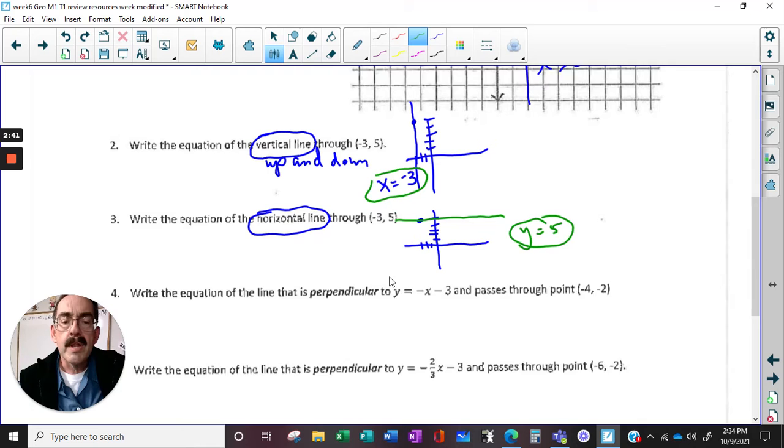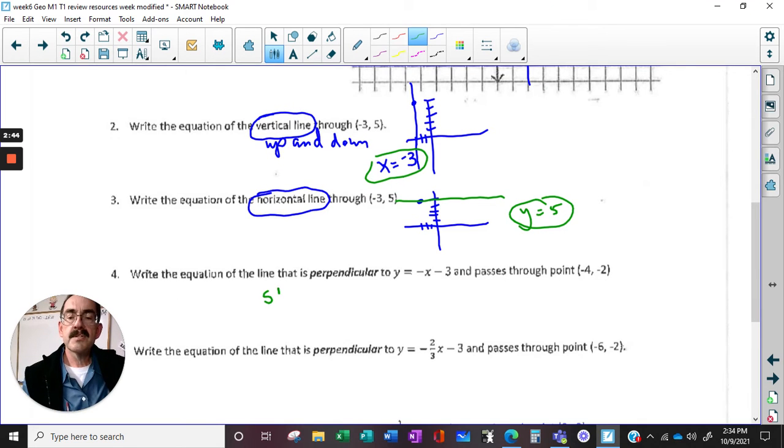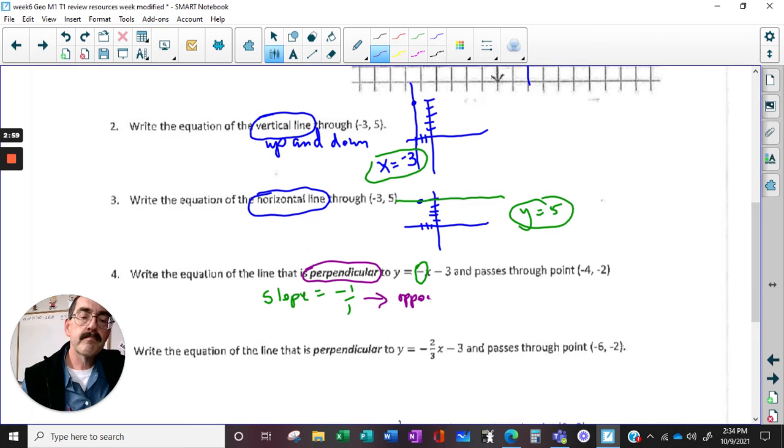Alright, let's keep going. Now, slope equals -1/1. Right there. Okay? But we need perpendicular. So the perpendicular is the opposite reciprocal.